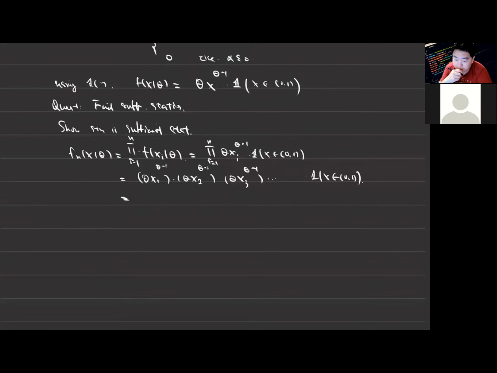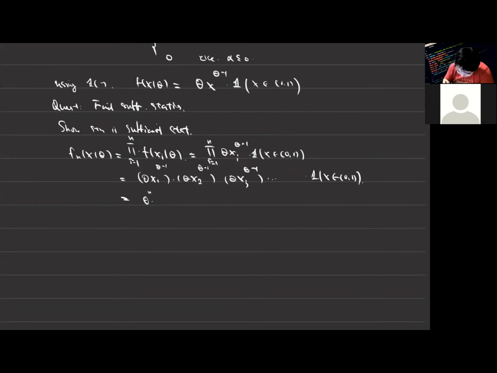If you look carefully, you notice that this indicator function ensures that all of your data has to be between 0 and 1. If you have one of them be, say, -3, then your entire function is 0. That's what this indicator function means. And you have n terms; theta doesn't change, so you write them together as theta to the power of n.